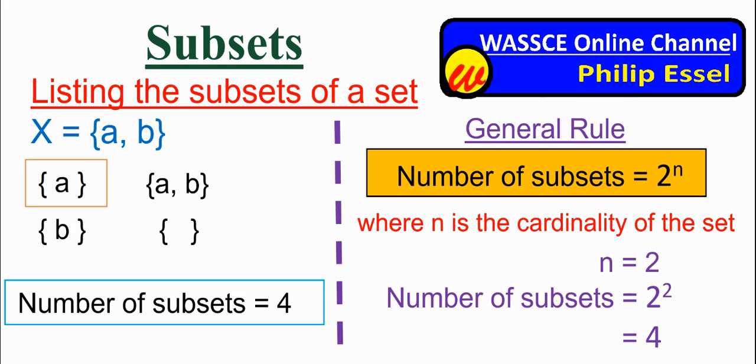So, number of subsets equals 4. So, as you've realized, without listing all the subsets of the set X, we've been able to tell how many subsets X has by following this general rule. And I'll need you to remember this.